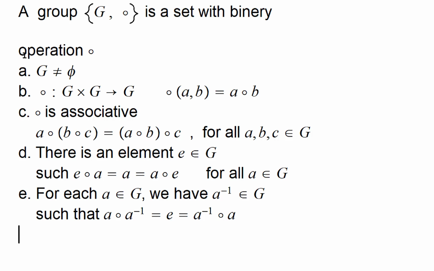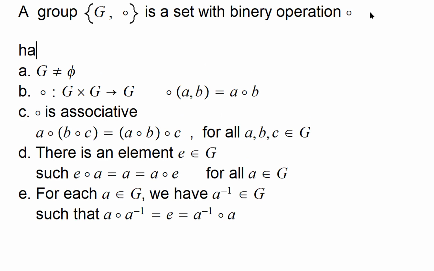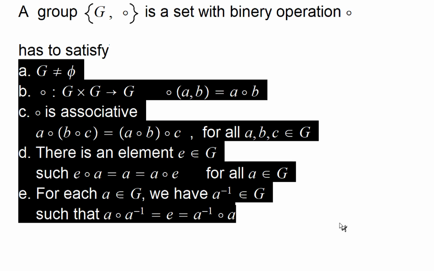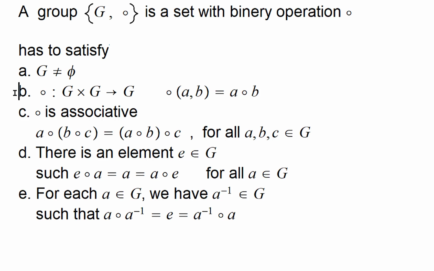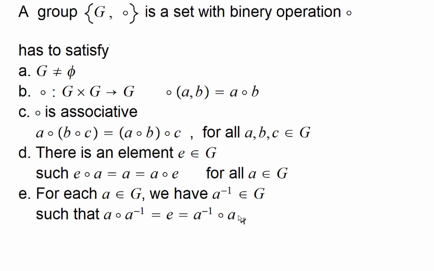So a set with a binary operation has to satisfy these 5 properties. And later on, you will see that we mostly need these. We will be taking only non-empty sets.